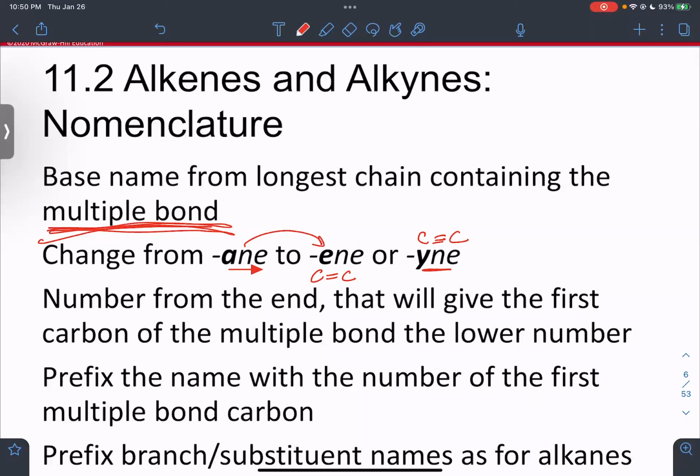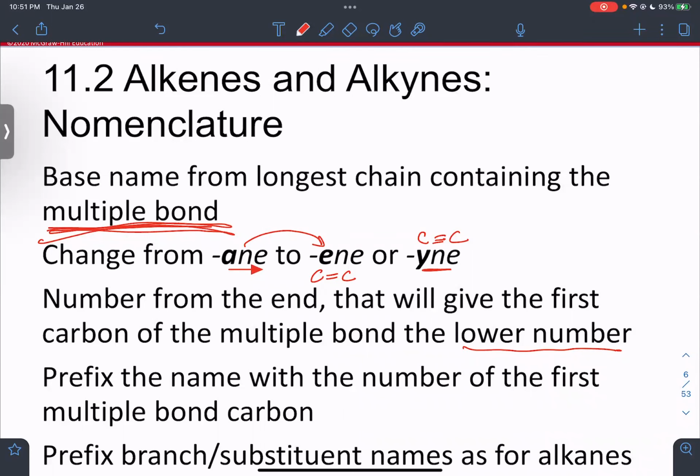And you have to number the molecule from the end that will give the first carbon participating in the multiple bond the lowest number possible before you worry about substituents. So the first thing, when you're talking about numbering, is giving the carbons in the carbon-carbon double bond the lowest number possible.